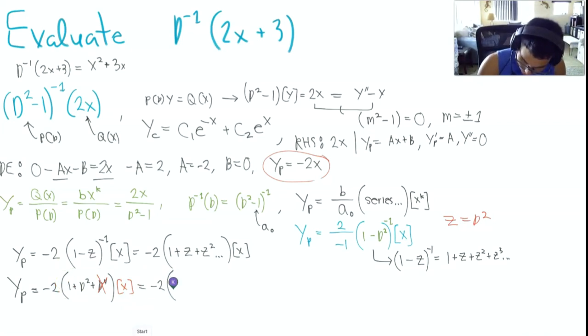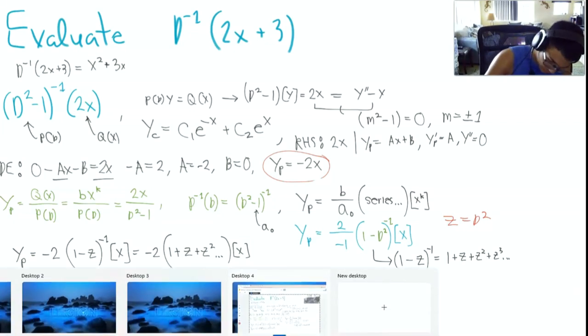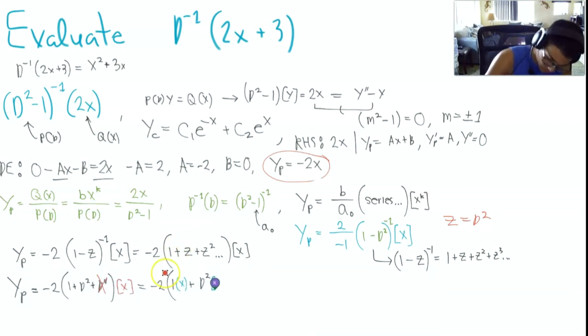So it's going to be 1, and we're going to apply 1 to x. And then we're going to apply D squared, which means it's not just D squared. This is not D times D. This is meaning the second derivative of x into x. Okay.